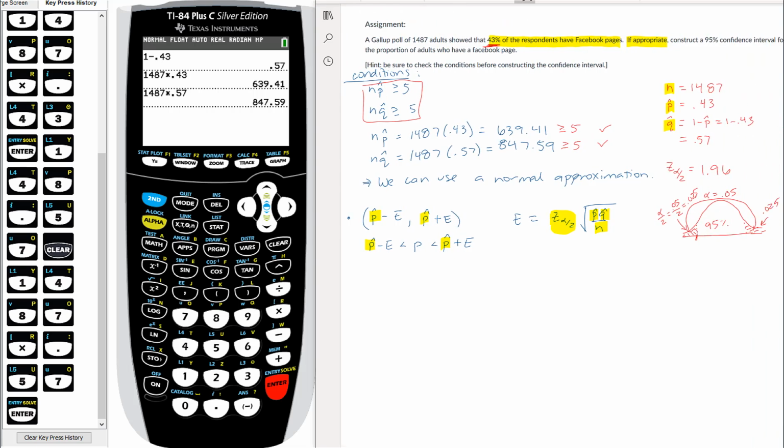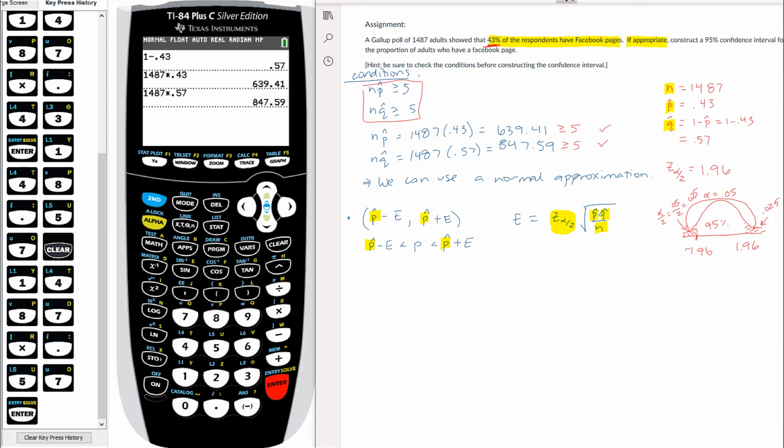If this is negative 1.96, this one would be 1.96 on the right side, and that's again because the normal distribution is a symmetric distribution. So this value on the right is the critical value that we need, z sub alpha over 2, which is the same thing that we found using the common critical values table.